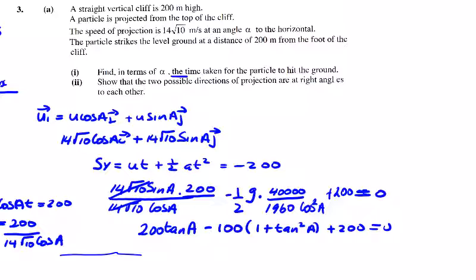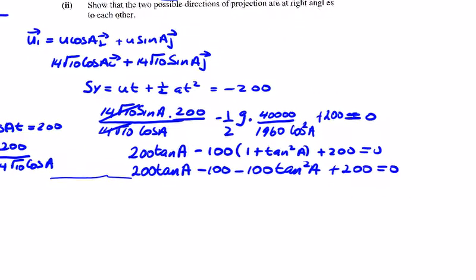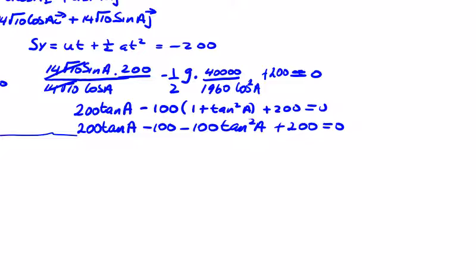So I'm going to get 200 tan a minus 100 tan squared a plus 200 equals 0.